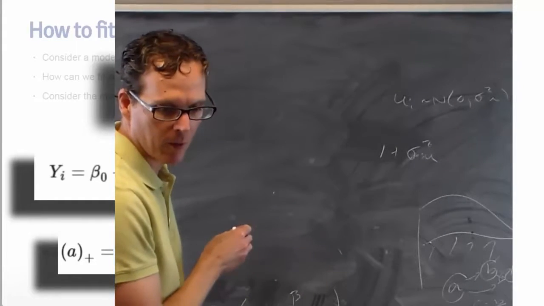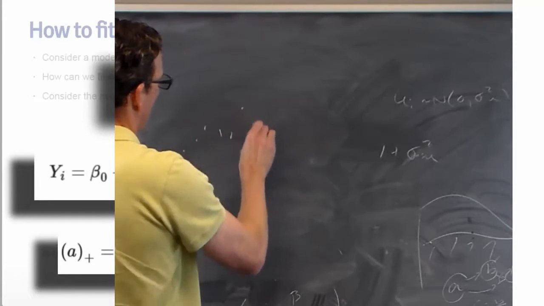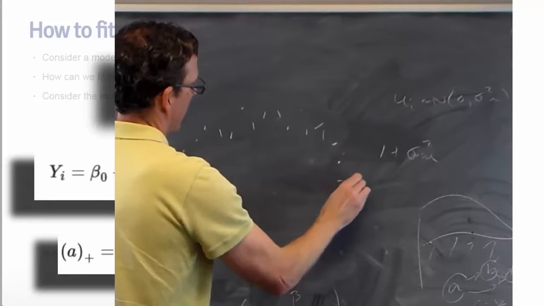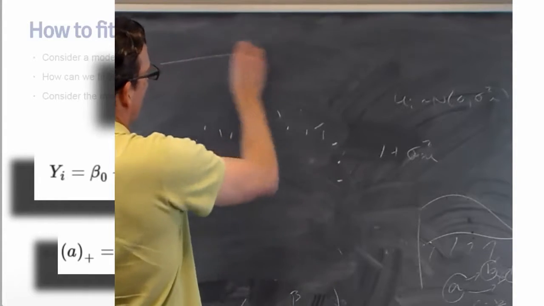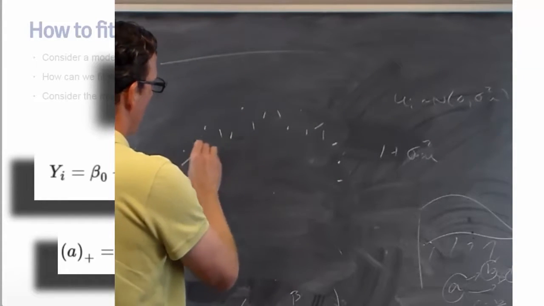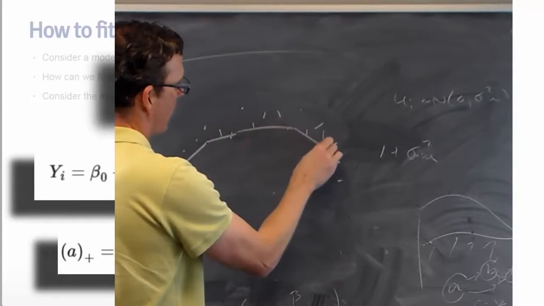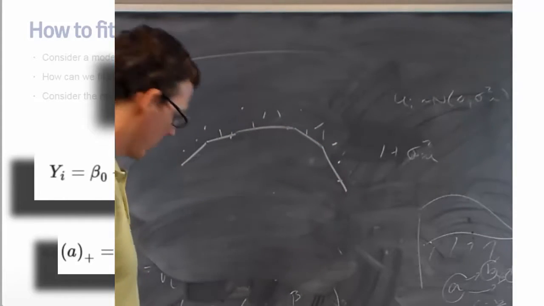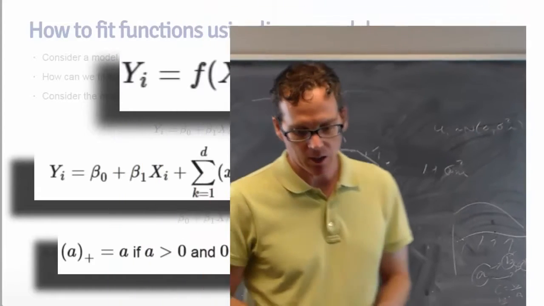So imagine our data looks something like that, and we have a stick, and we want to fit this function. We might break it at a couple of points like that. So this is the idea.